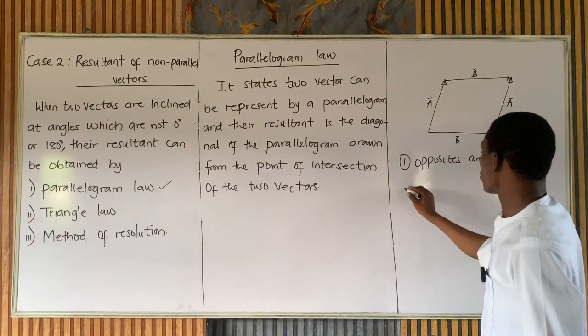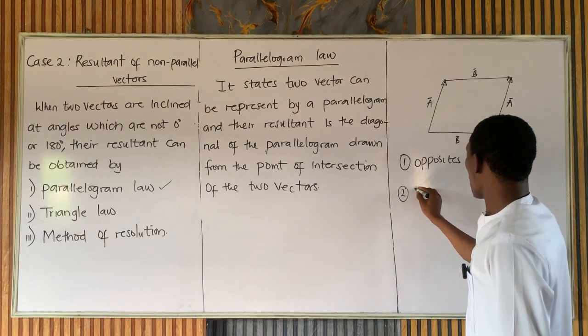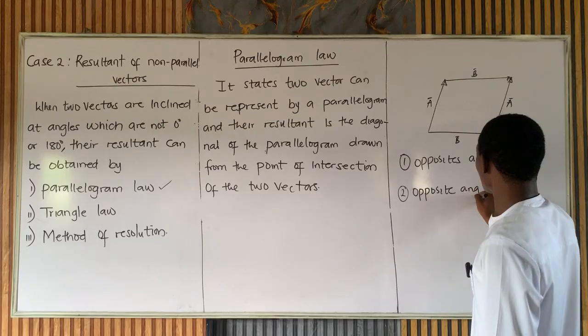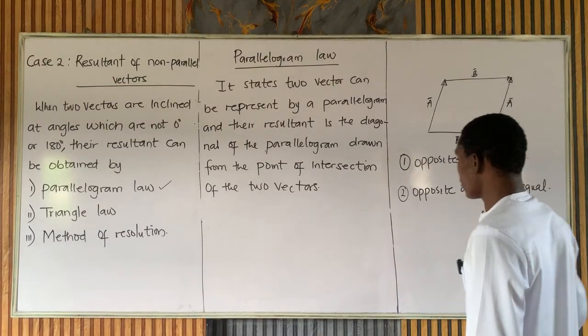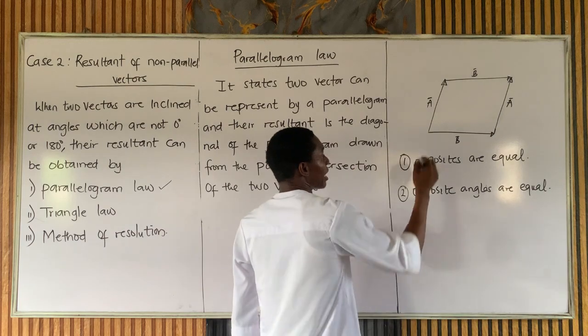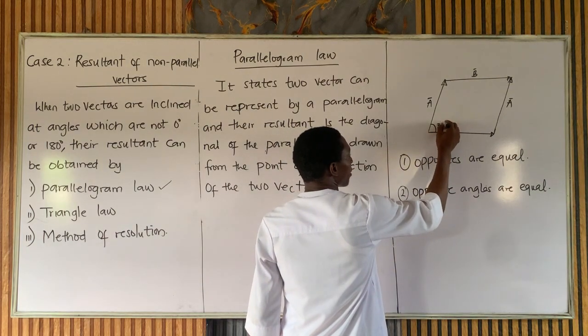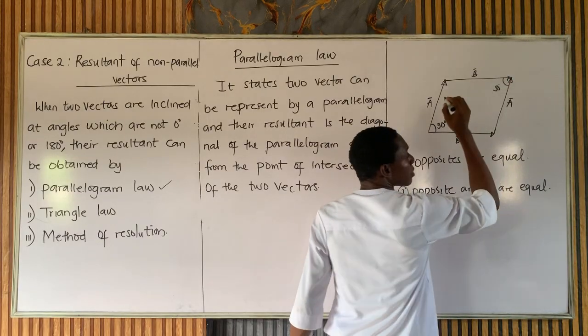Now, number 2 is that opposite angles of a parallelogram are equal. Meaning that, you see, if the angle between these two vectors is 30 degrees, for instance, opposite angle here should be 30 degrees.